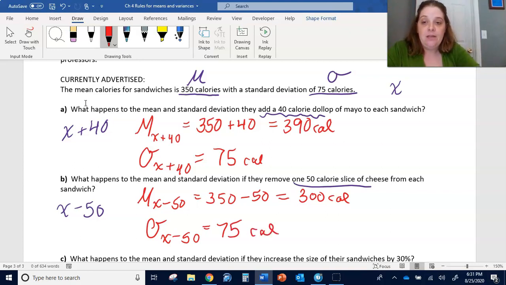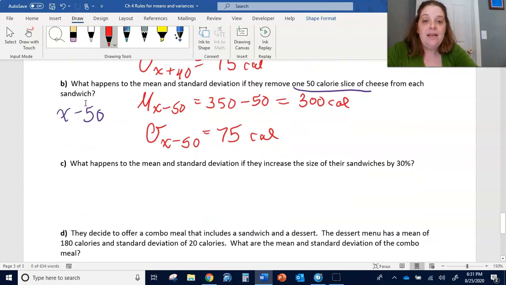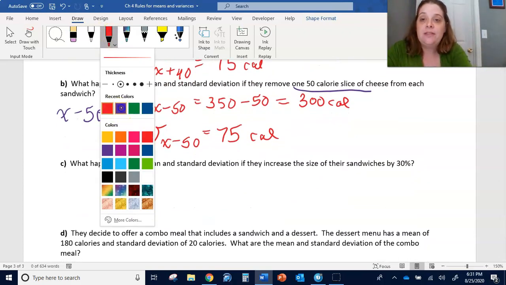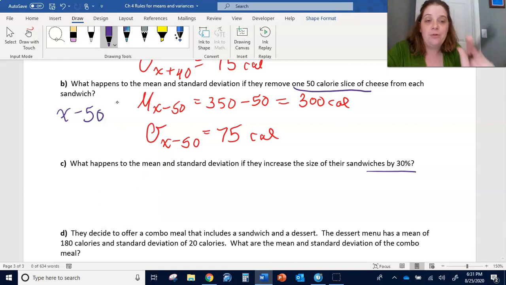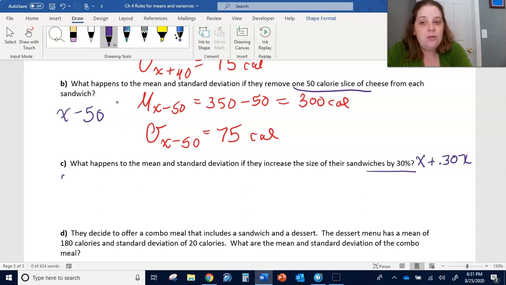All right. Now, what happens to the mean and standard deviation if they increase the size of their sandwiches by 30%? All right, so it's like you have your original sandwich and then you've got like 30% more sandwich here. If you think of that in terms of algebra, what we're actually doing is we're multiplying by 1.3. So multiplier. I'm taking everything and I'm increasing it by 30%.